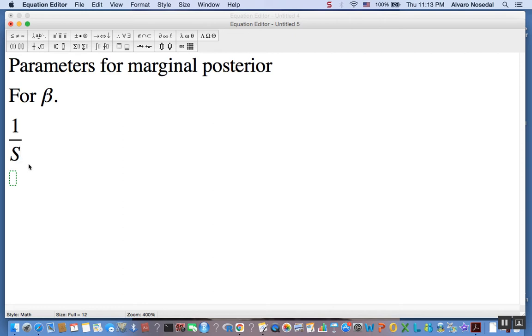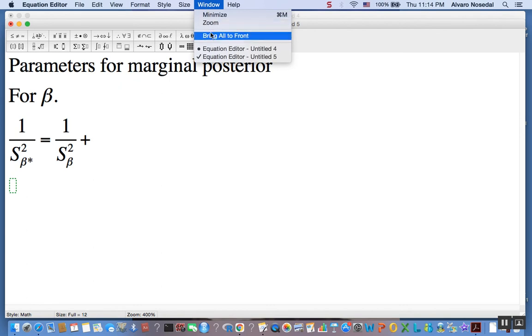So the posterior precision for beta, and let me call it beta star here, is going to be prior precision, so we are going to have a prior precision for that parameter beta, plus the sample precision.